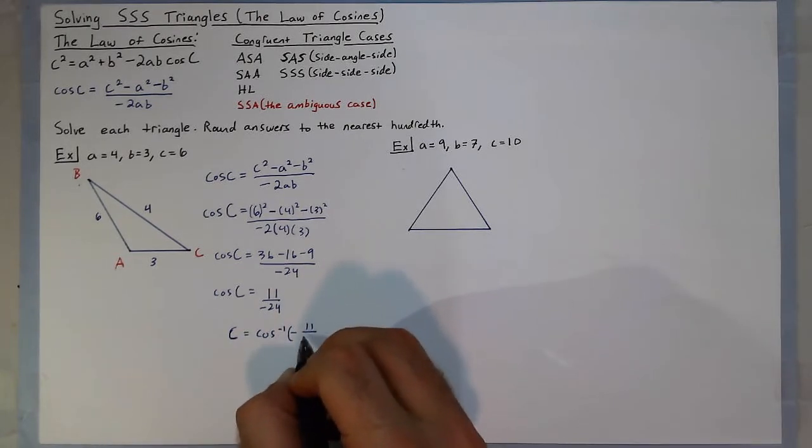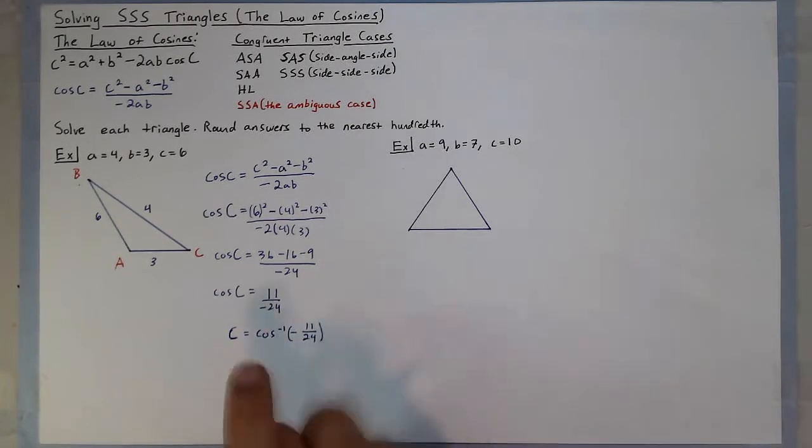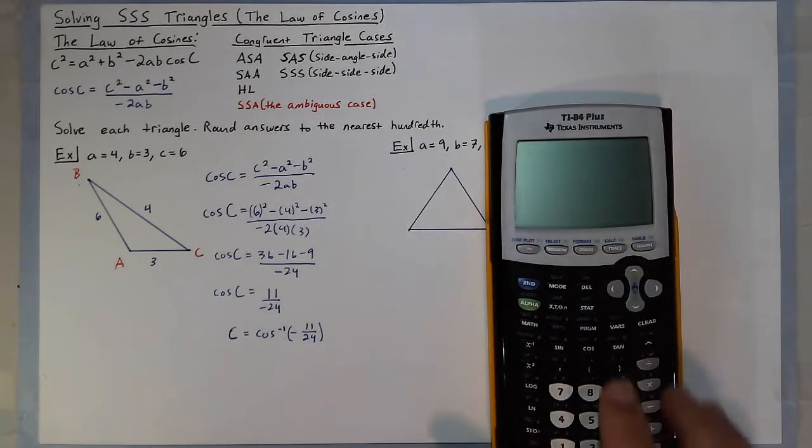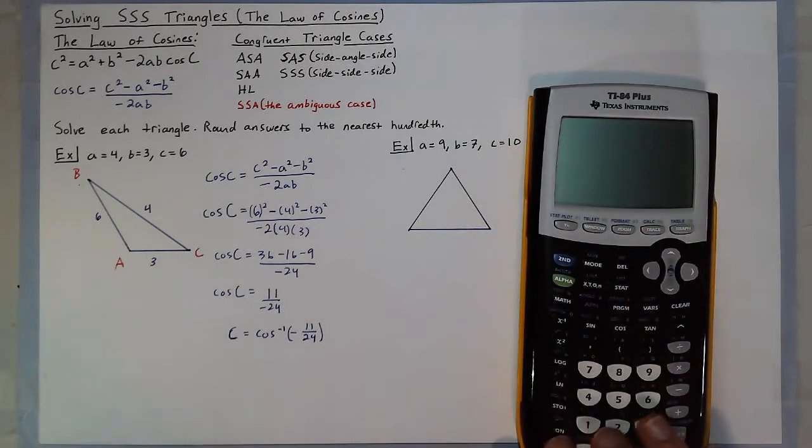Now, this is a negative number going inside the inverse function, which means I'll probably get an angle that's bigger than 90 degrees, which makes sense for being across from the biggest side.